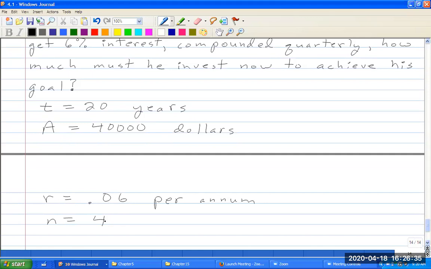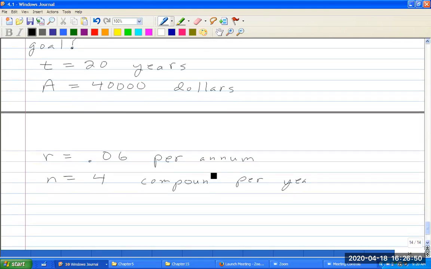So since it's compounded quarterly, there are 4 quarters in a year. So 4 compound periods per year.